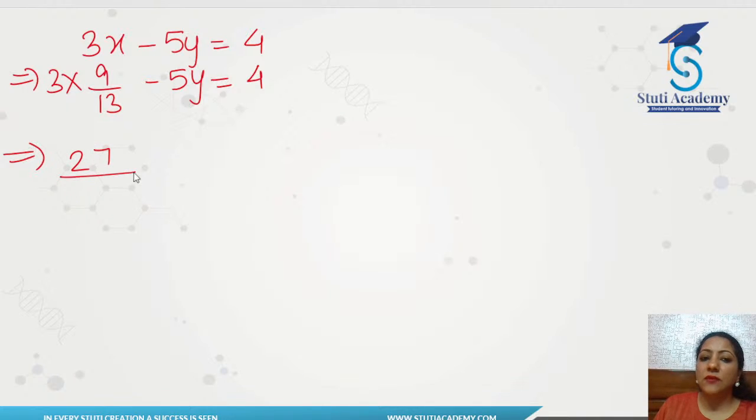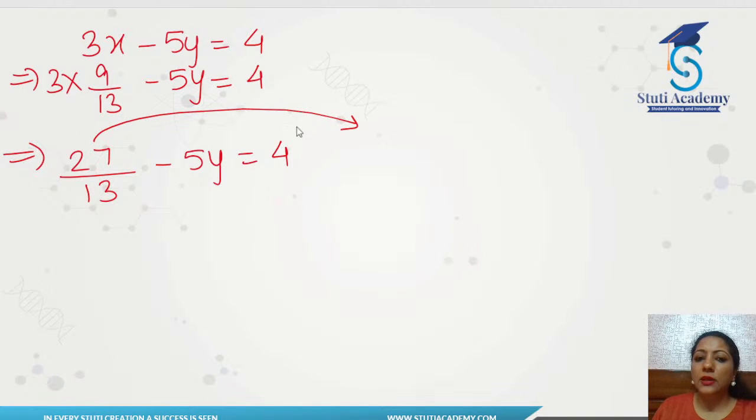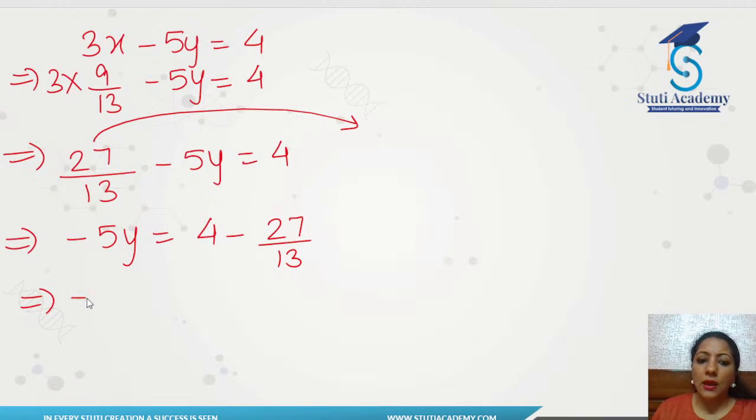We will get 27 upon 13 minus 5y equal to 4. This will go on the other side and get subtracted. So we'll get minus 5y equal to 4 minus 27 upon 13. And then we will take the LCM here, and we'll get 13 in the denominator and 52 minus 27.